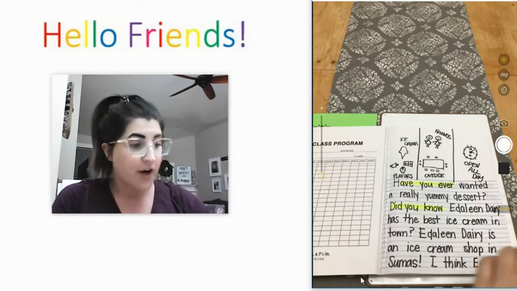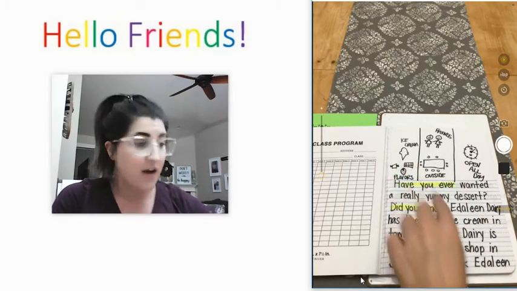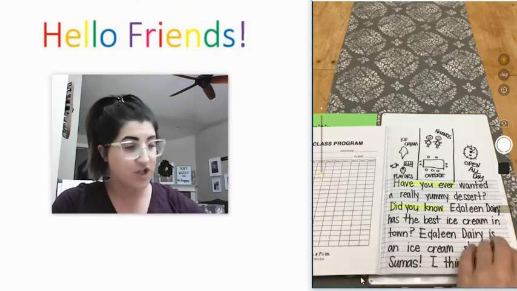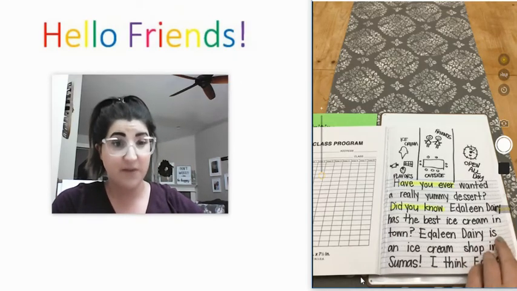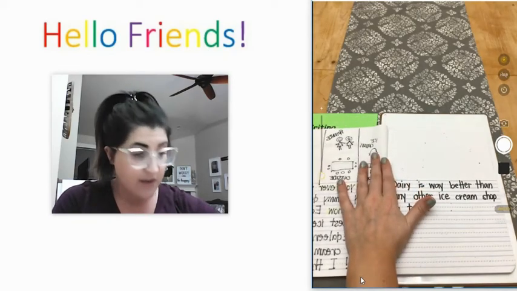So I'm going to start by writing my first reason. I've already written my catchy introduction, and now I'm going to start by going into my reasons. And I'm going to write my reason using a comparison.